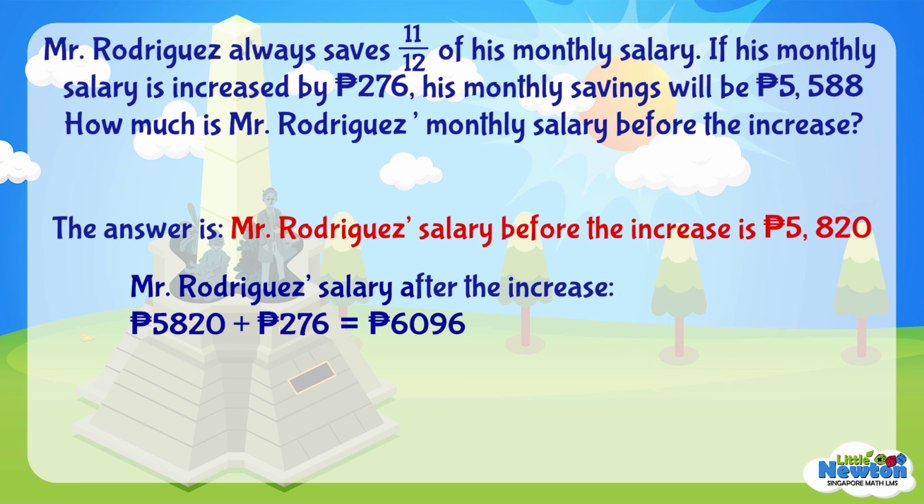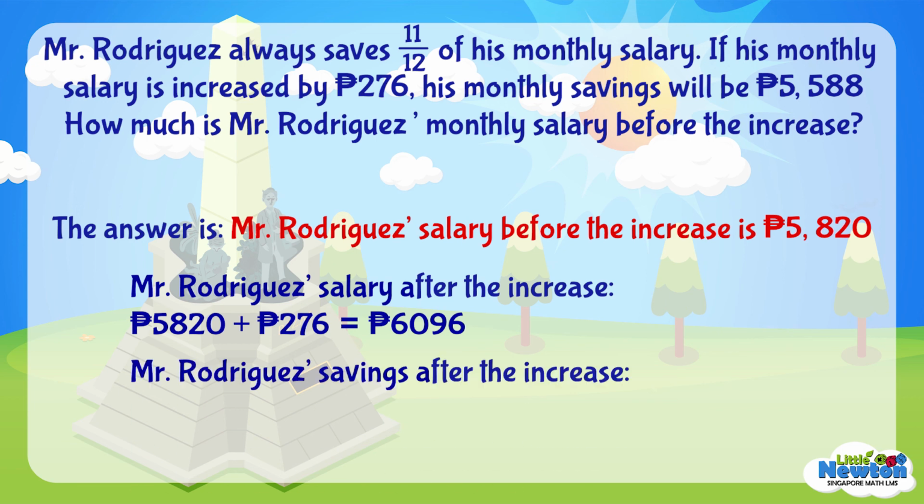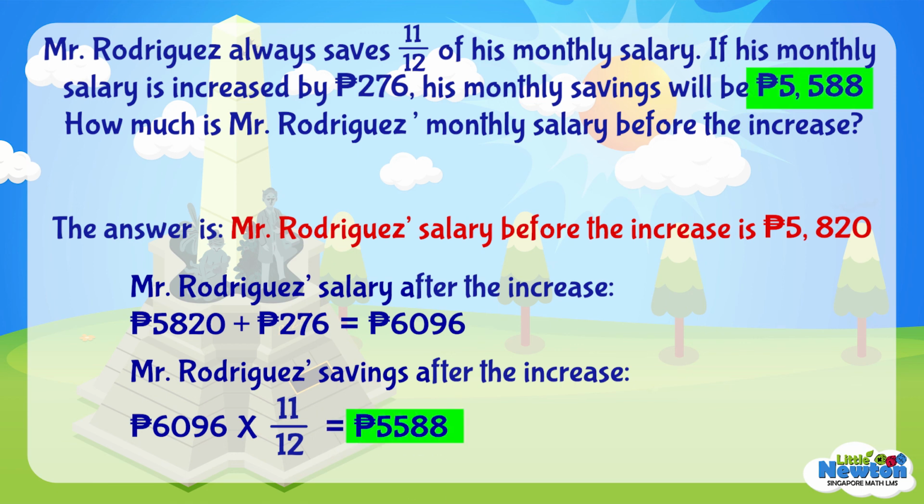He always saves 11/12 parts of his salary. So his new savings is equal to 6,096 pesos multiplied by 11, then divided by 12 equals 5,588 pesos, which is consistent with the value given in the question. Therefore, we know our answer is correct.